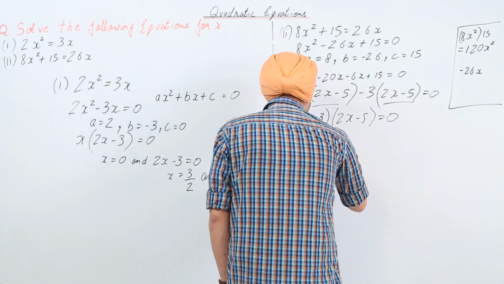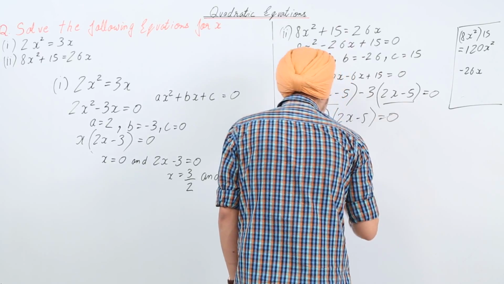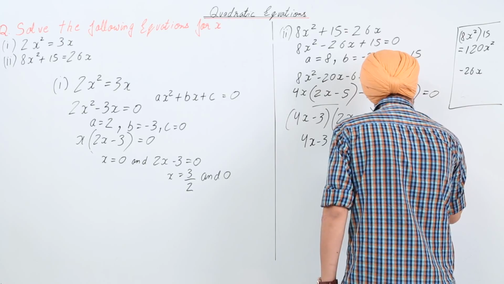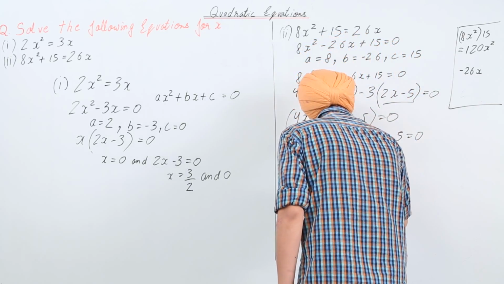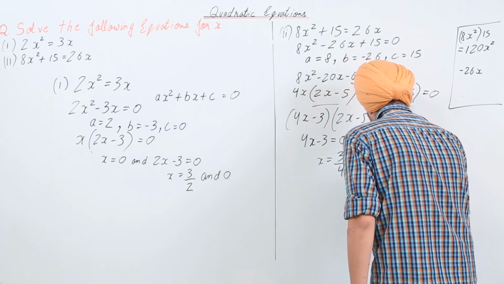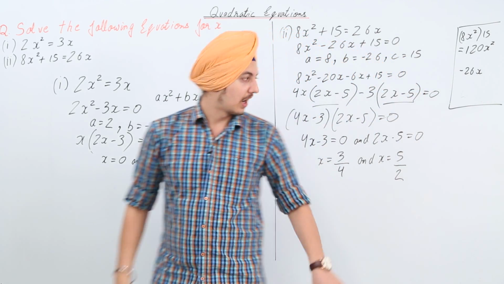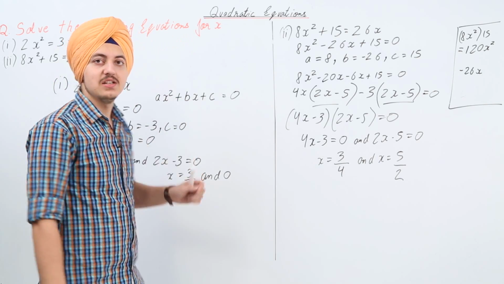So we have two solutions: 4x minus 3 equal to 0 and 2x minus 5 equal to 0. So from here x is equal to 3 by 4 and x is equal to 5 by 2. So these are the two values of x for which this equation is satisfied.